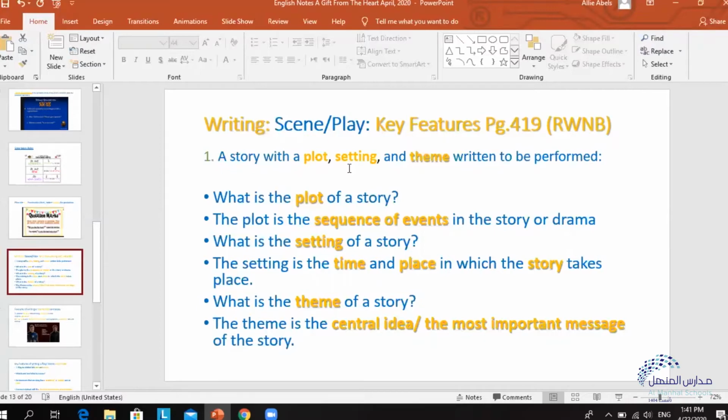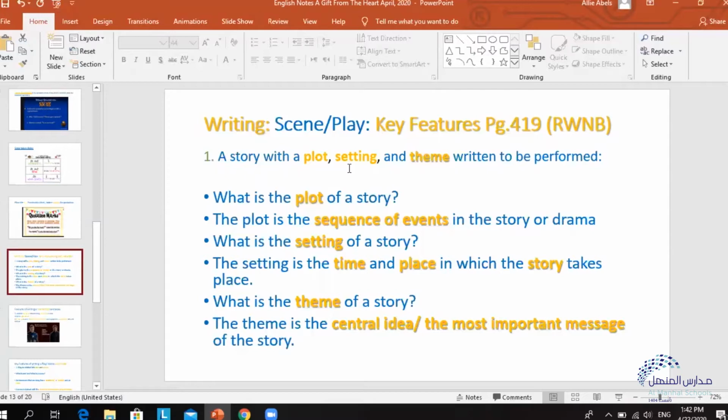And then your story also needs to have a theme, meaning it needs to have an important message. The theme is what you want people to take away and remember from the story. For example, working together, like in Avengers Endgame, standing together against a powerful enemy or a difficult task.